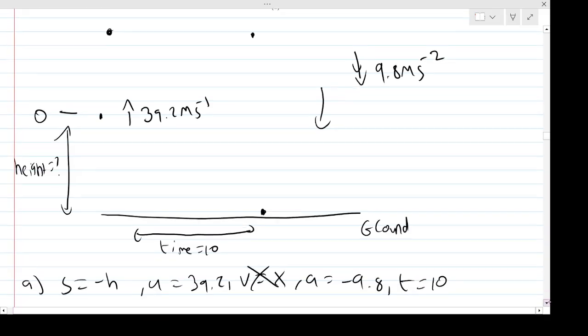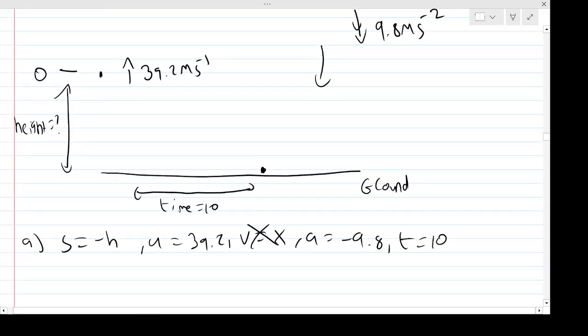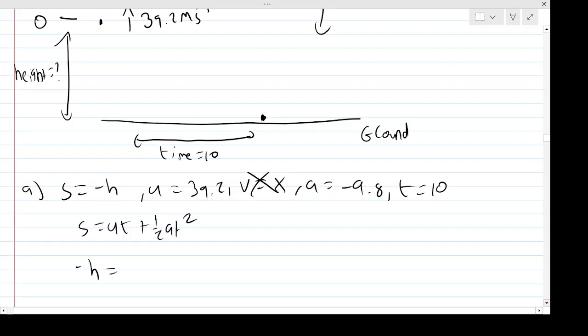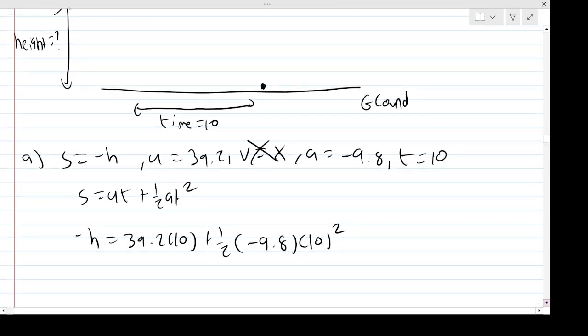So which formula does it include, well, you'd find again, it's s = ut + ½at². So then minus h is going to be 39.2 lots of 10, add a half, lots of minus 9.8 lots of 10 squared.